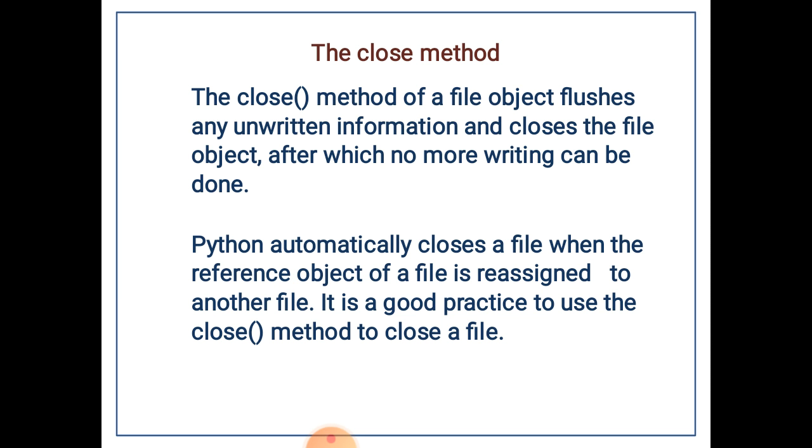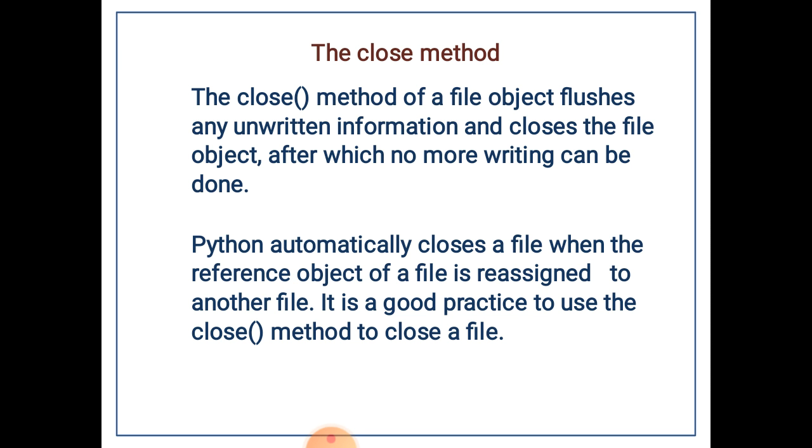Now let us study the close method in files. The close method of a file object flushes any unwritten information and closes the file object. When the file is closed using the close method, no more writing can be done in that file.